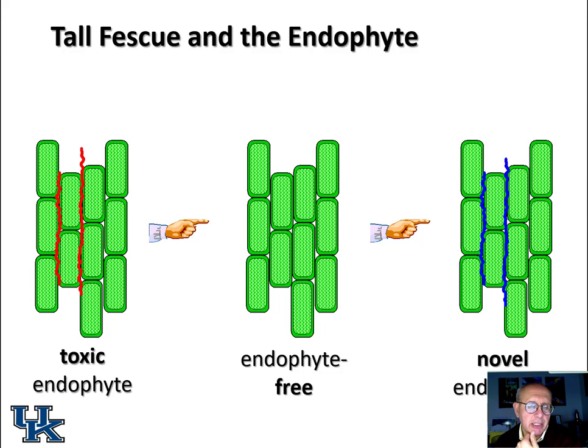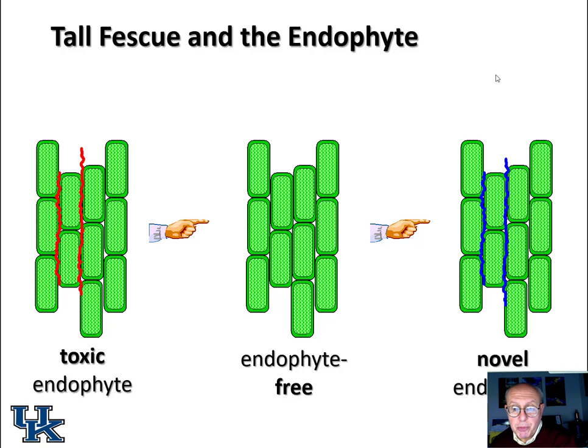Same fescue genetics, but without the endophyte. And you can take that genetics and insert, in the laboratory, growing on Petri plates, a novel endophyte, and you get a totally different product in the novel endophyte plus tall fescue than you do with the toxic endophyte plus tall fescue or the endophyte free.